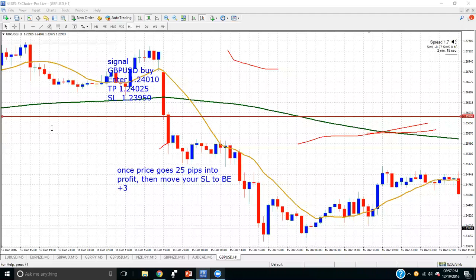Who has an Android and knows how to add moving averages to your phone? Say yes, and I'll pick you. Jonathan, yes. Okay, good. Jonathan, you guys help me. I'm going to do the iPhone, and you guys do the Android.